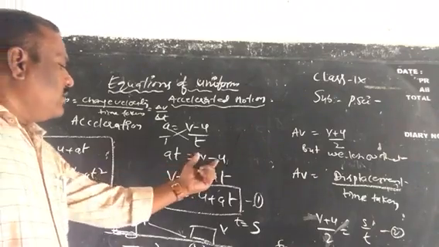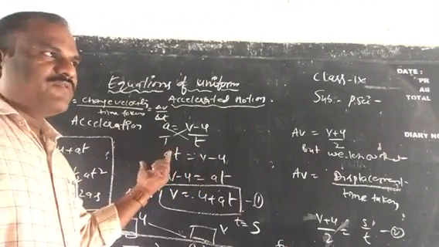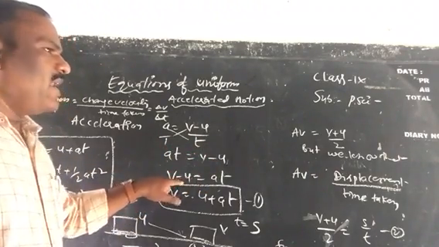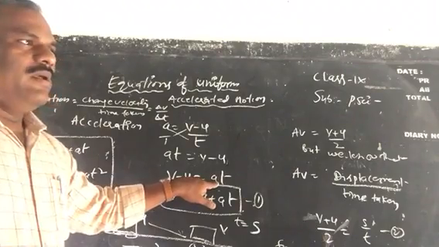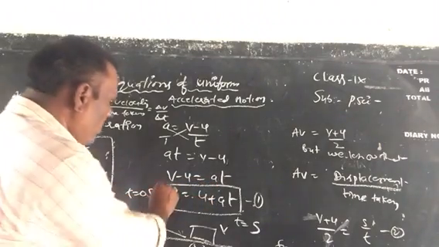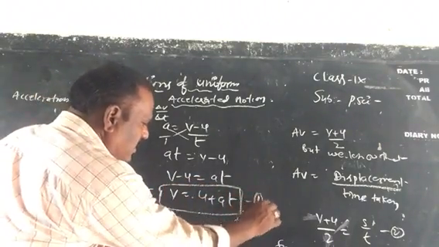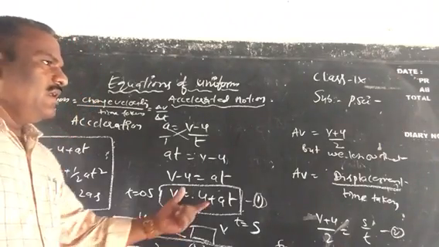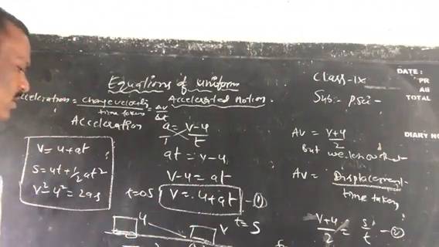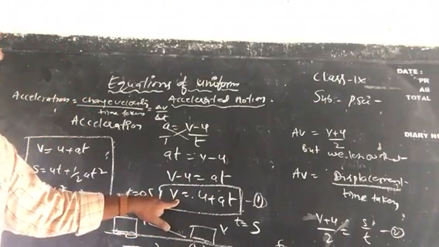Now v minus u equal to at, and finally v equal to u plus at. This is the first equation, v equal to u plus at.